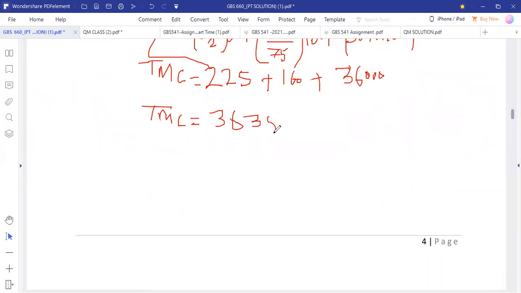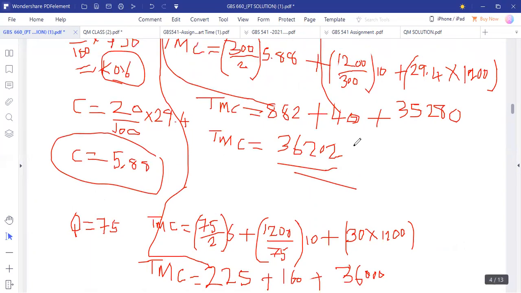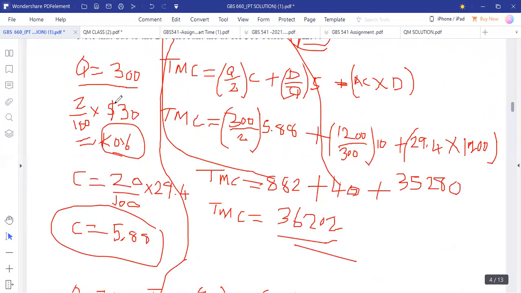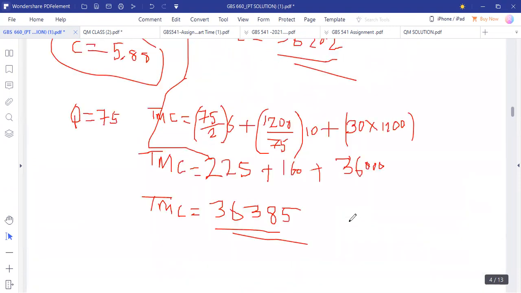What is important to note here is that we need to compare the answers. We have the 36,202 when we are buying 300 boxes, and the other one is 36,385.